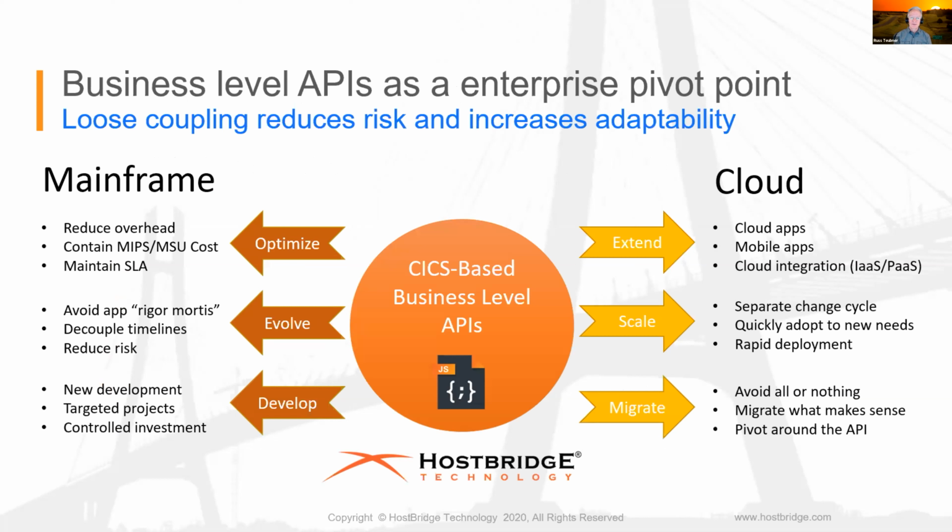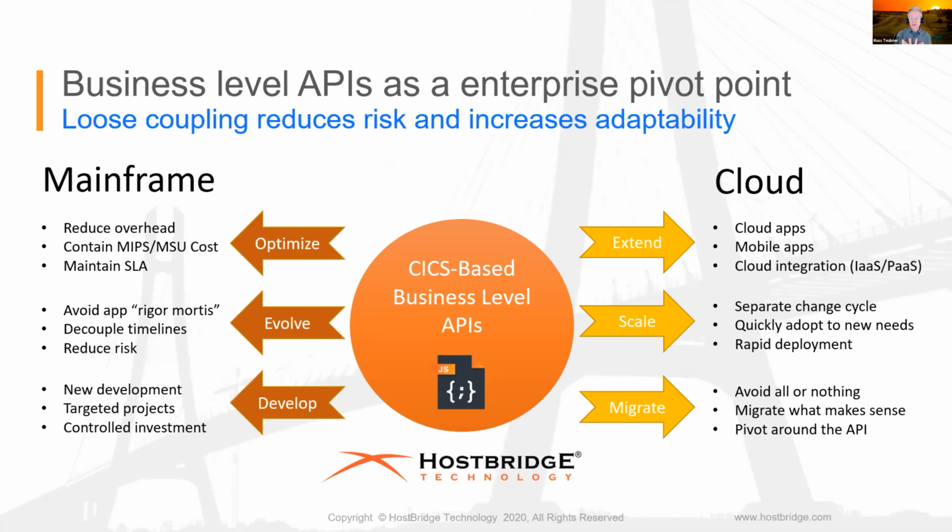And when we say a pivot point, that means a technological point where on day one, you can certainly fulfill the API with apps and data that may reside on your mainframe. But then because we have a business-oriented API, we can pivot, or you can pivot if you so choose, to an alternate expression of those apps or data.